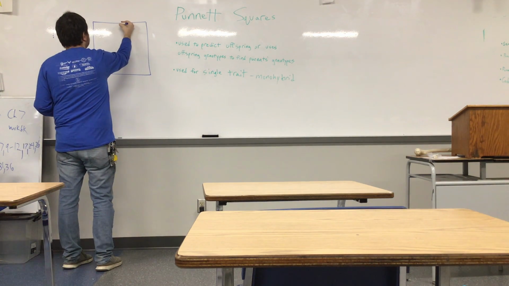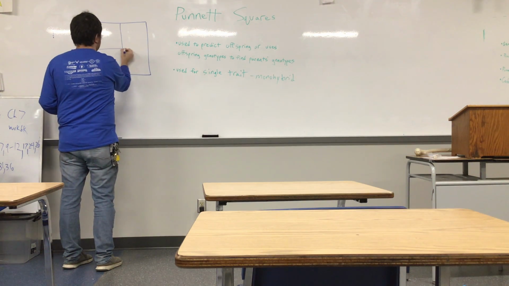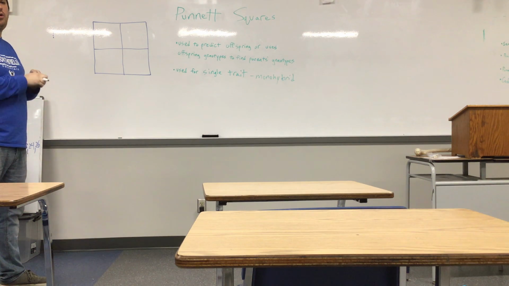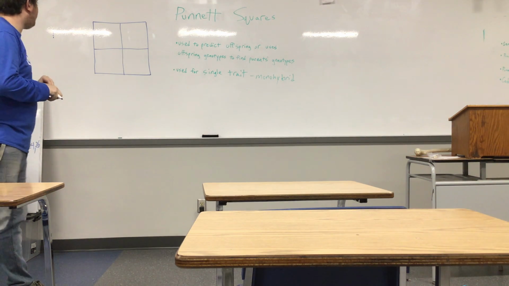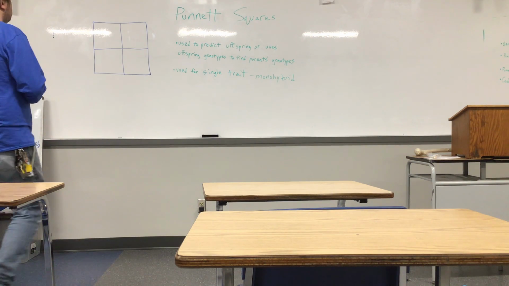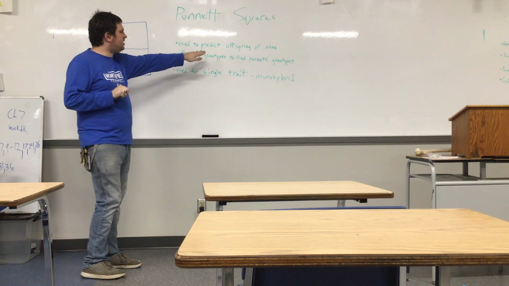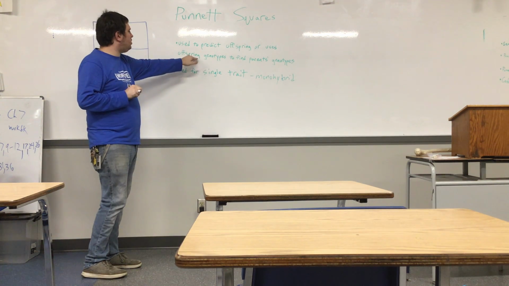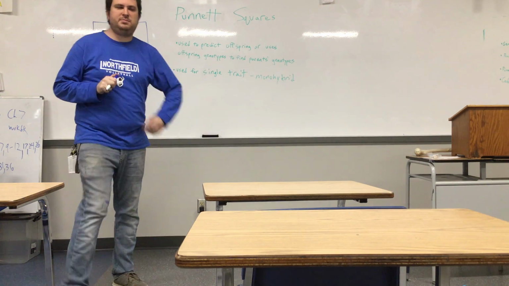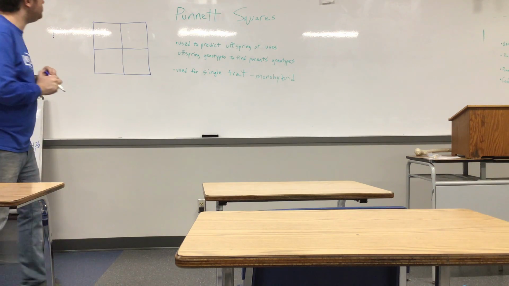It then has a cross or plus sign in the middle of it to make it into four corners, four squares within the square. This is what we will use to either predict the offspring or use the offspring genotypes to find the parents' genotypes. How we would do that, I will show you.